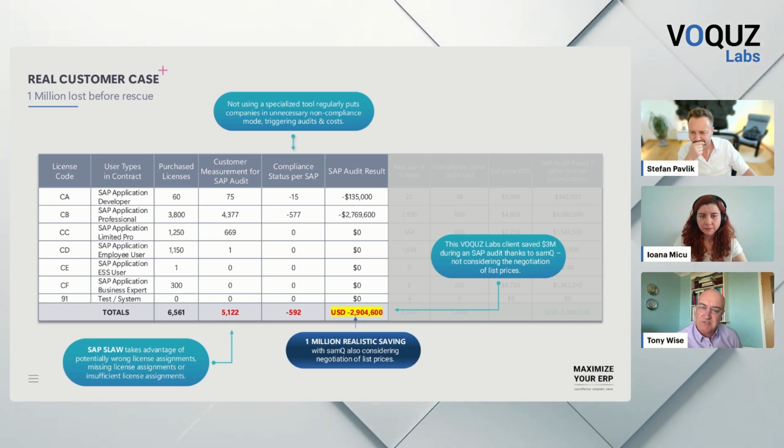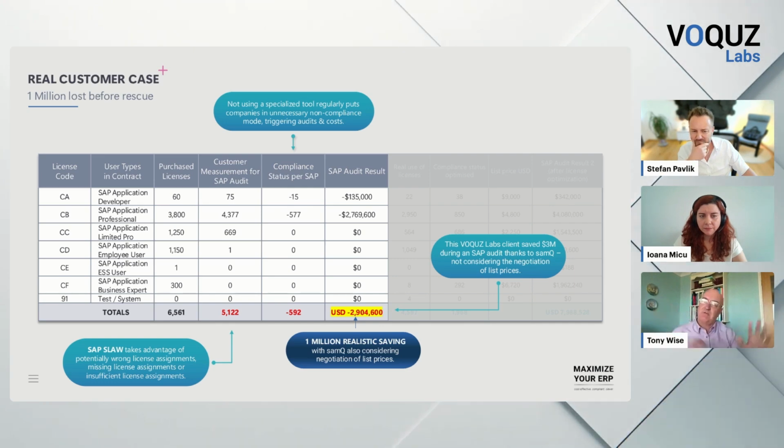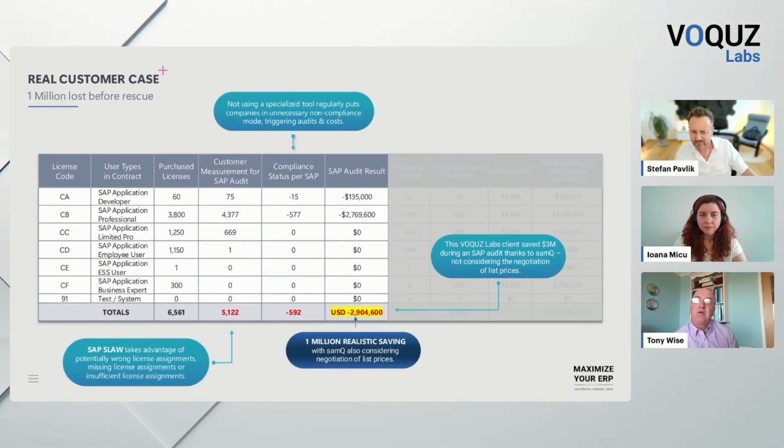When they purchased the licenses, let's make a very nice assumption: they worked with SAP to proactively understand what they required. SAP didn't try to make them buy licenses they didn't need. And let's just assume that at the beginning, everything was squeaky clean. That's not often the case, but let's make that assumption today.